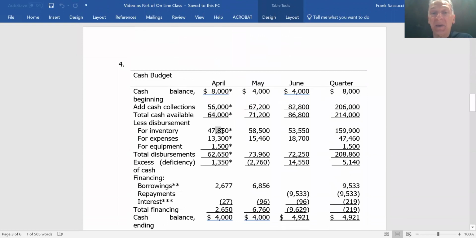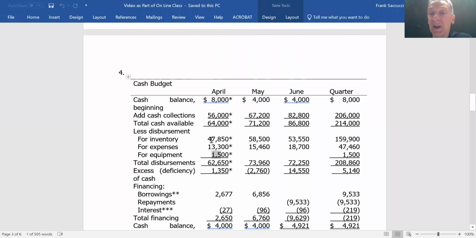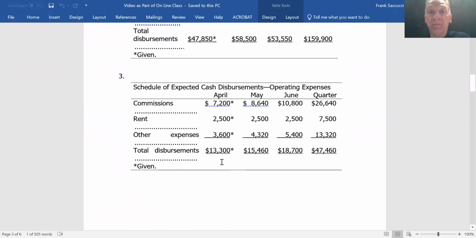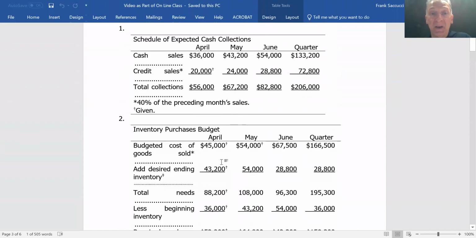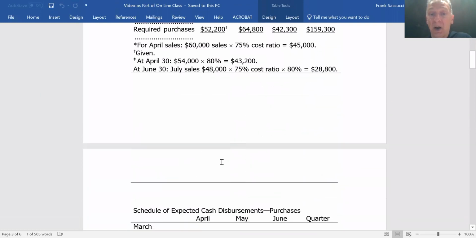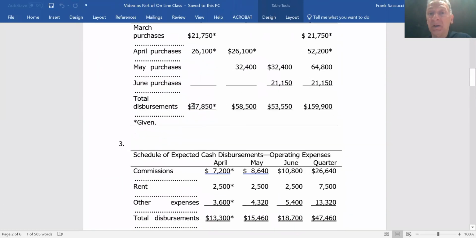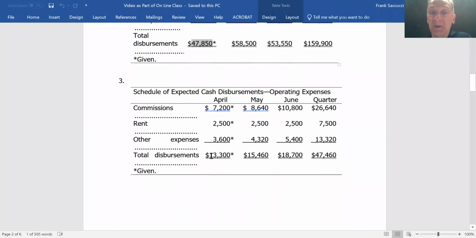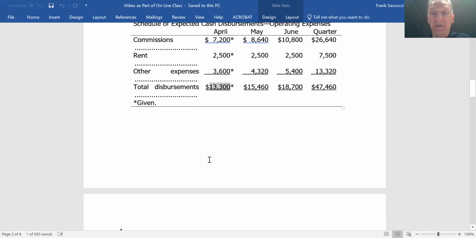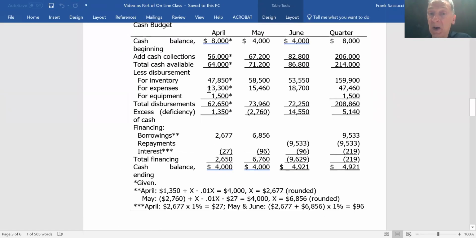64 less these various cash disbursements, the first one being towards inventory at 47.8, and that 47.8 is our third schedule here, the 47.8 that we anticipate as cash disbursement for our inventory. We also anticipate 13.3 going out to operating expenses, which is here as well.